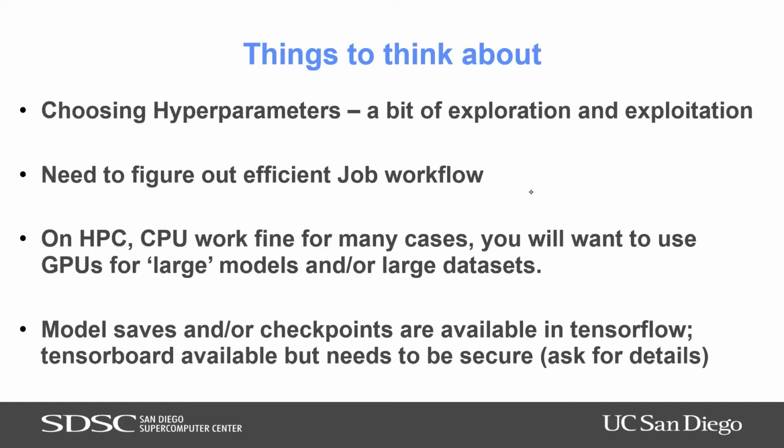TensorBoard is available, but it takes a little bit of extra work to run it in a secure way. If you really want to use TensorBoard, let us know. We can point you in the right direction.